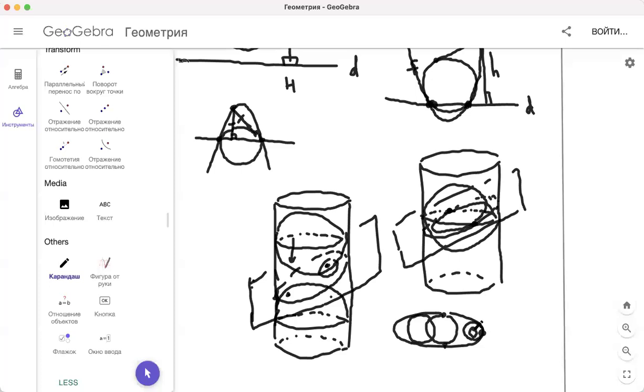So a focus, you can consider focus as a circle of 0 radius which is doubly tangent to this ellipse, yes.